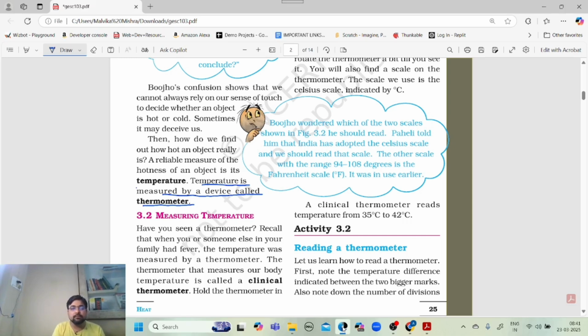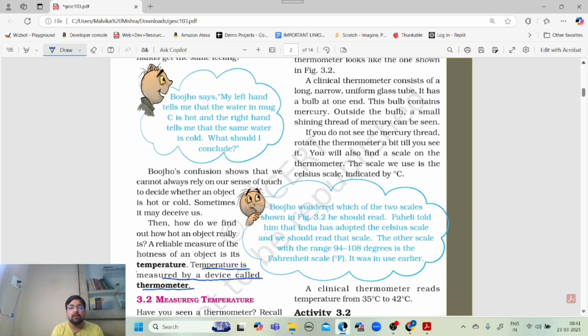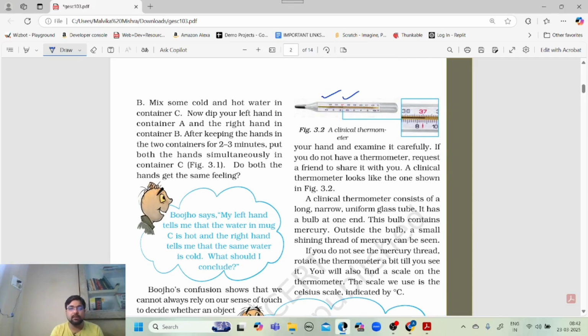So you must have used a clinical thermometer at your home or at the doctor's clinic, which measures the temperature of the body, right? It looks like this, but nowadays you get a digital thermometer also. We will talk about it a little later.